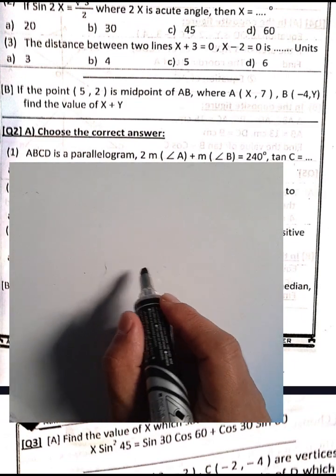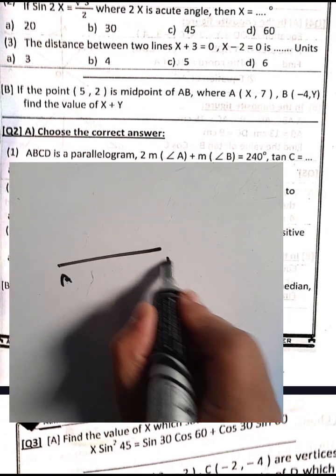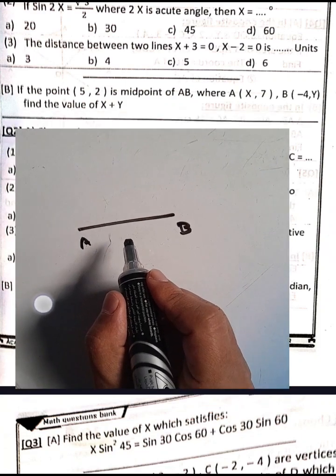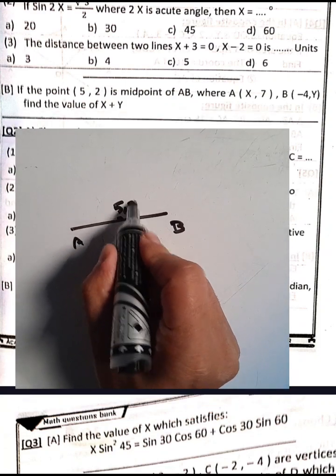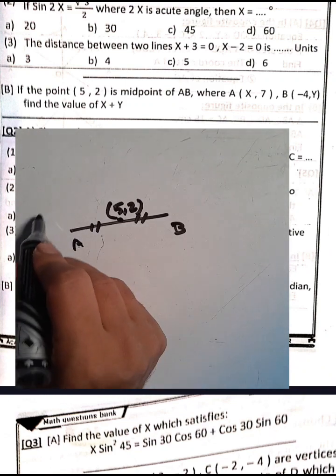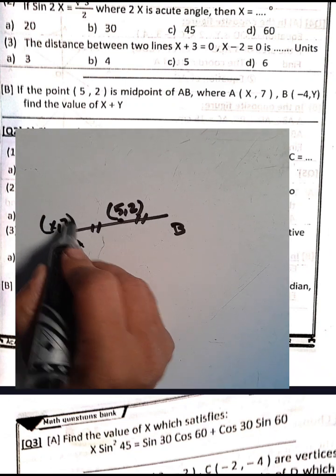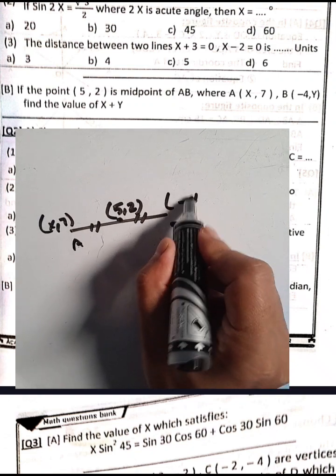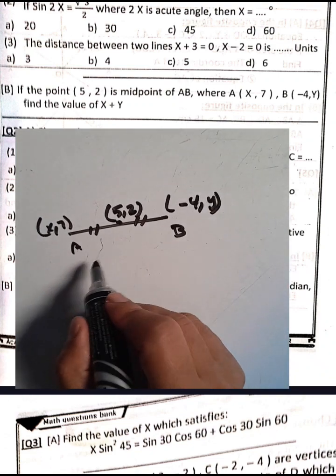Next question. If the point (5, 2) is the midpoint of AB, we have AB and this point (5, 2) in the middle between A and B, and the coordinates of A were (x, 7) and the coordinates of B were (-4, y). You want to find the value of x + y.